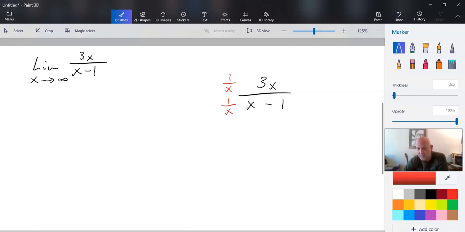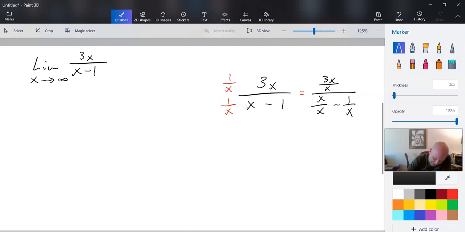It's 1 over the highest degree term each time. So if I do that, I can change my entire function to, well, let's write it this way just so it's more clear. 3x over x, right? That's the numerator, over x minus 1 over x. Don't forget to distribute to all the terms.